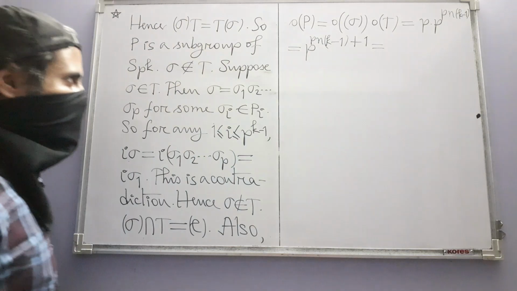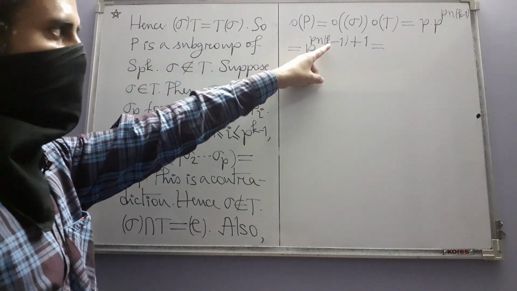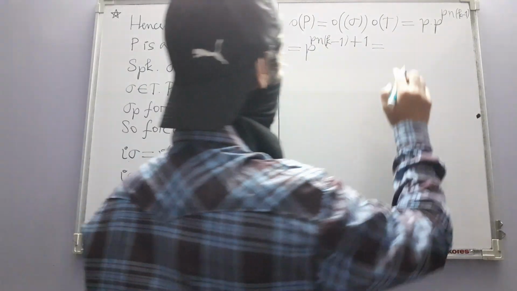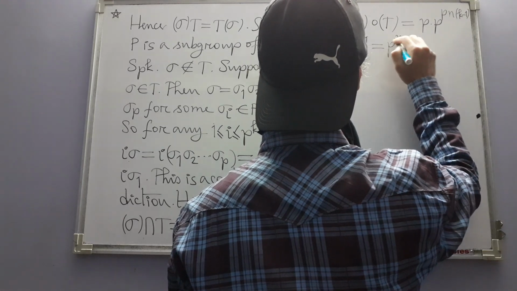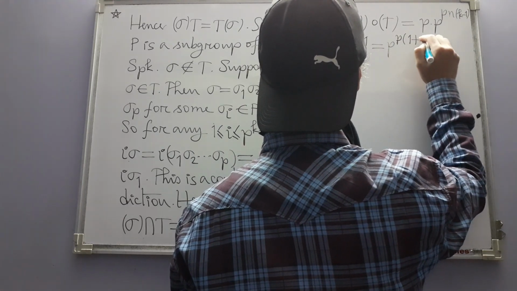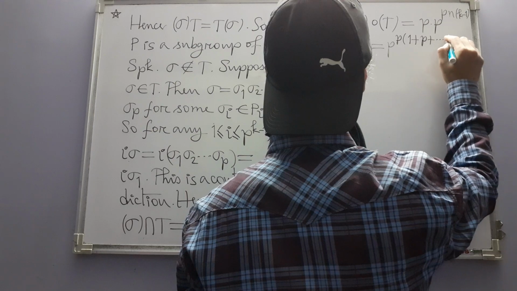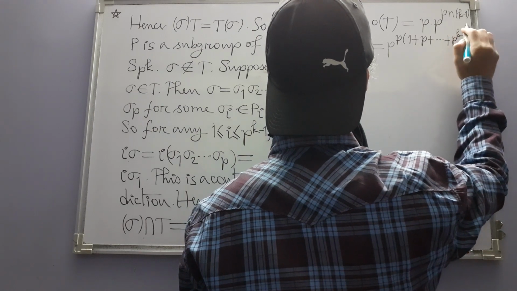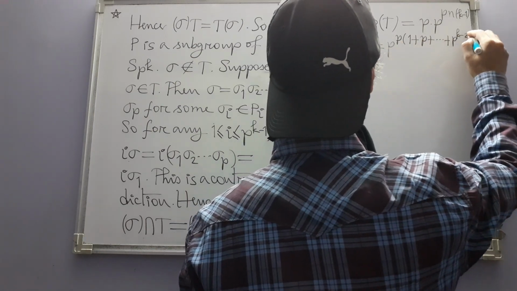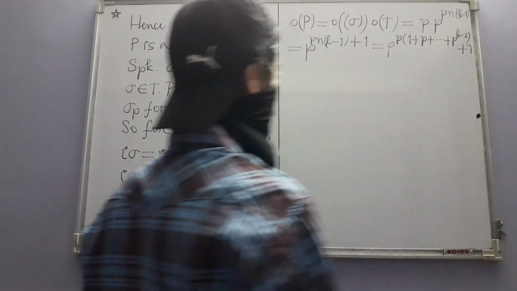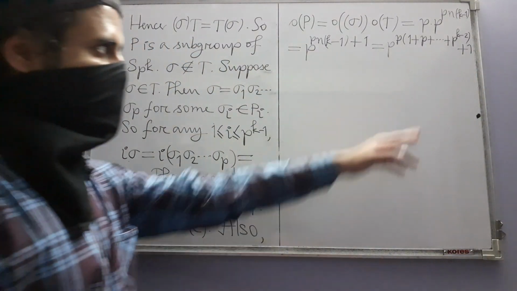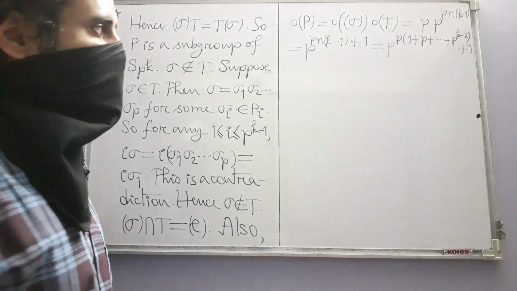And if you go back to the formula for nk, what is this? This is 1 plus P, like that it goes up to P to the power 1 less than what you have here, k minus 1 plus 1. This plus 1 is in the exponent, okay.